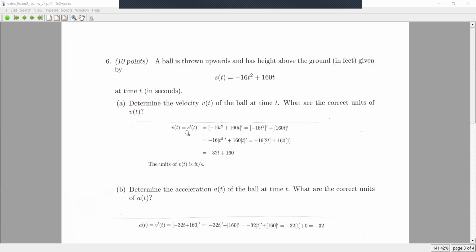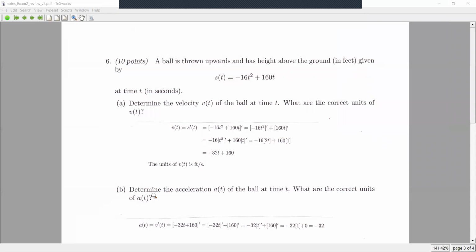Velocity is the derivative of the position function. Take the derivative of the position function, then the velocity is negative 32 times t plus 160. The units of the velocity is feet per second.